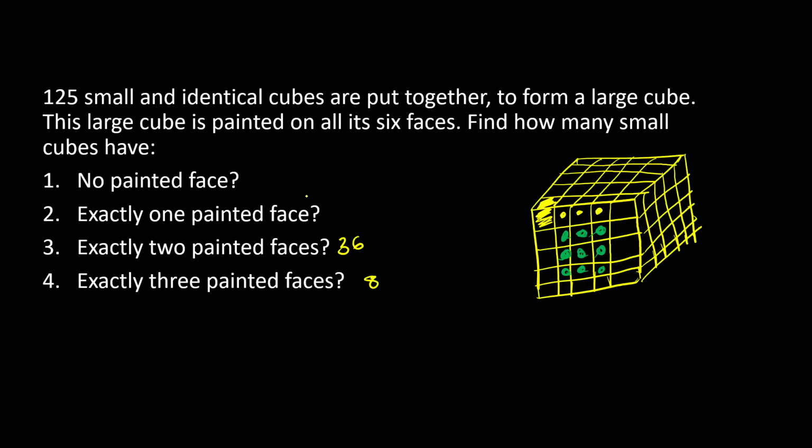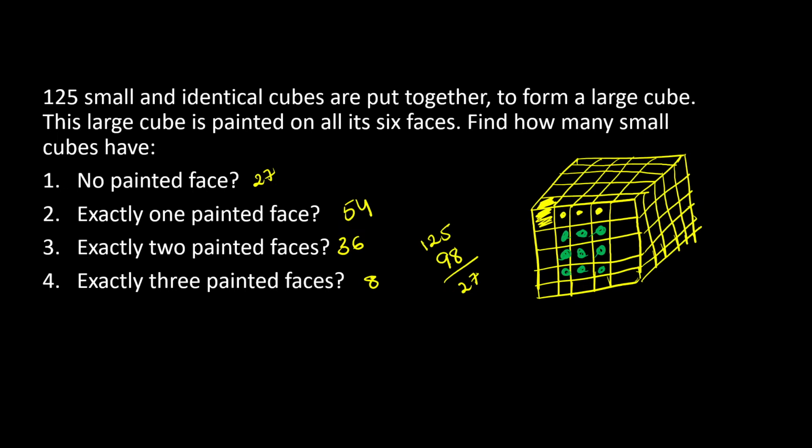So your answer will be 6 times 9, 54. And then no painted face. Putting all these numbers together, you will get 98. Total number of cubes given 125. Difference between these two is 27. So no painted face will be 27 cubes.